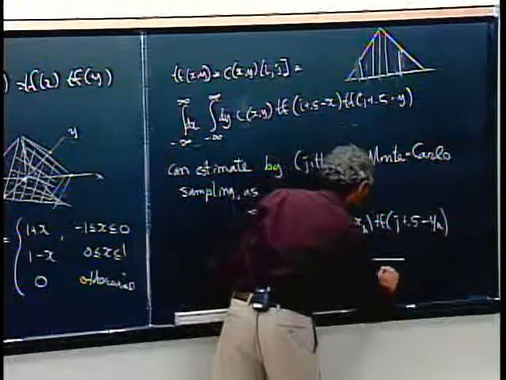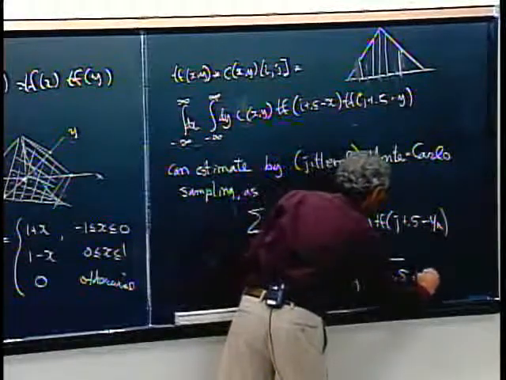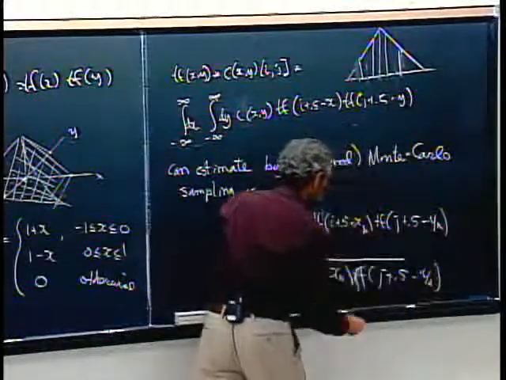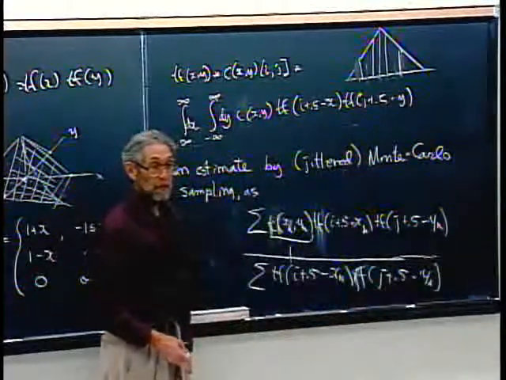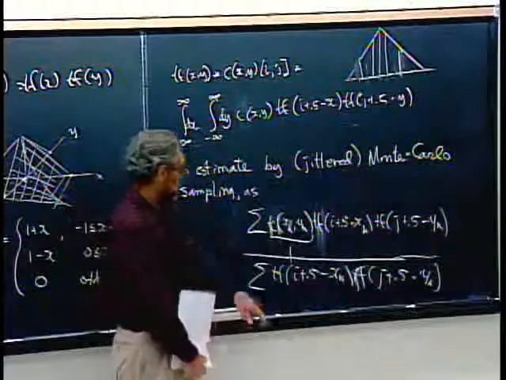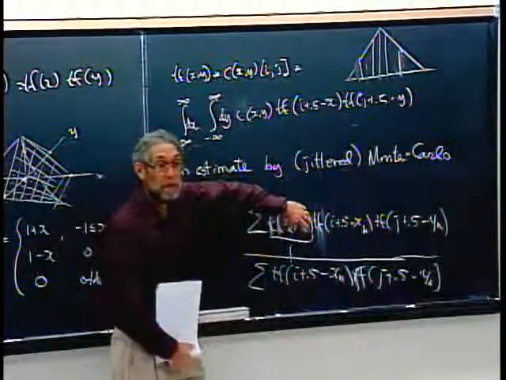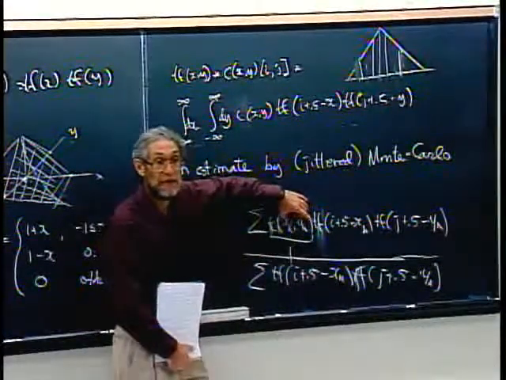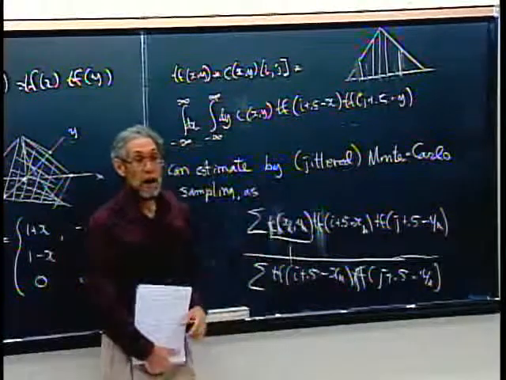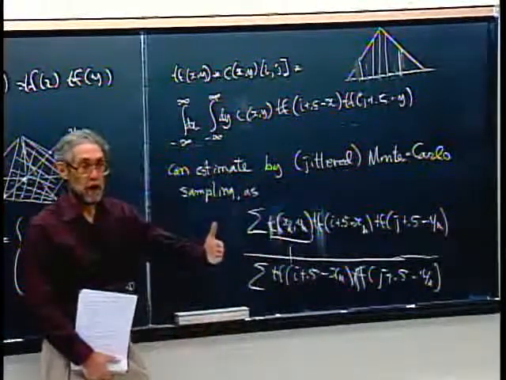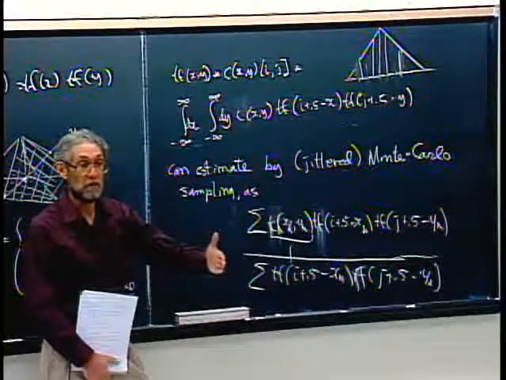Triangle filter of j plus 0.5 minus yk. Right? So we're taking a weighted average now. And so we're dividing by the sum of the weights, and that means if this color is constant, we're going to get exactly that color. And that way, you get rid of the noise on constant color regions.